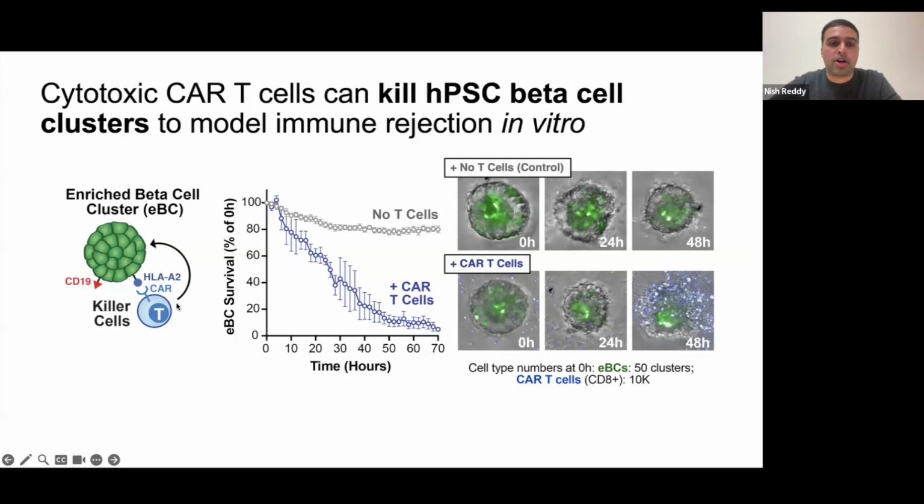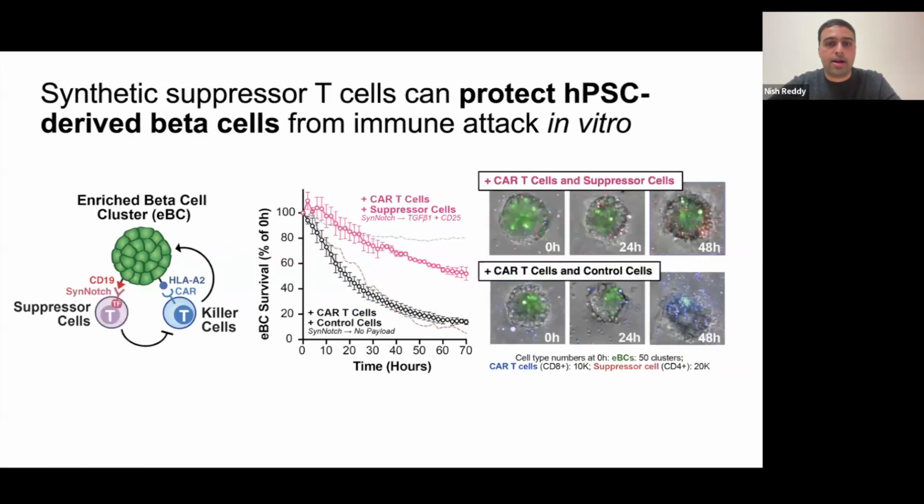These CAR T cells in vitro are able to kill these beta cell clusters within 3 days in the absence of any suppressor cells. And what we find when we introduce our synthetic suppressor cells that are producing both TGF-beta and CD25 is that we have better protection of these islets from T cell killing.